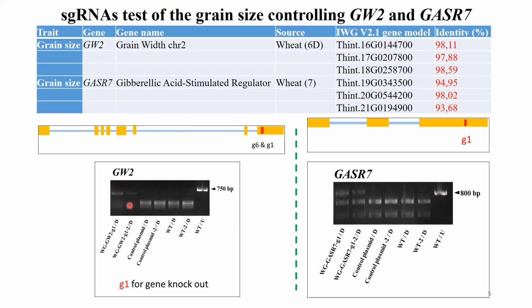This indicates that a mutation happened in the cutting site of the restriction enzyme, and this sgRNA works. We did the same thing with sgRNAs of GASA7, and we found sgRNAs which work well.